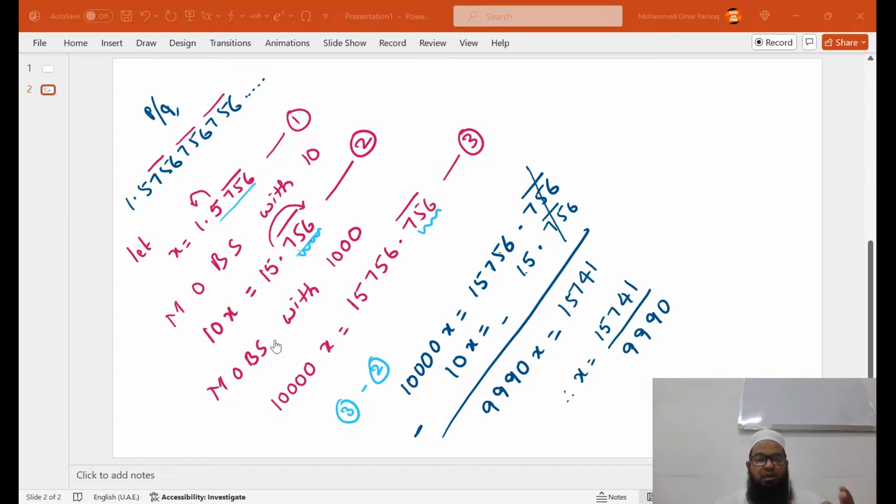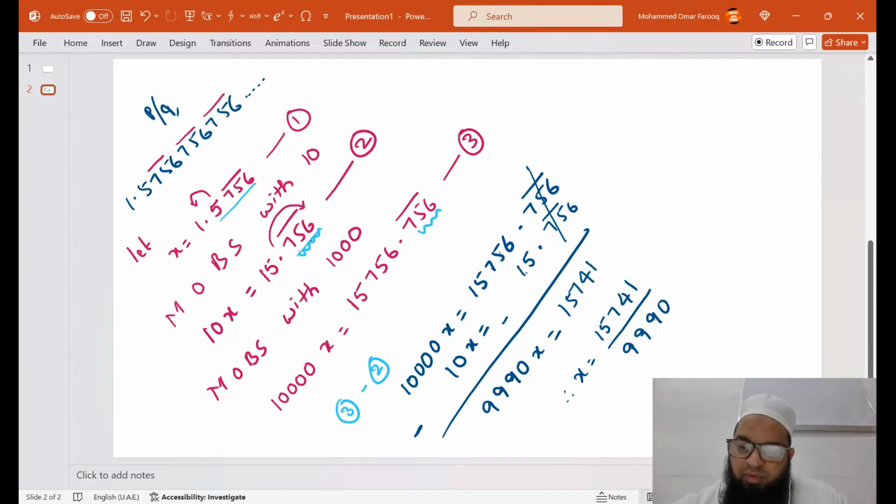First number is 15,741, and next number is 9,990. So let me calculate. It is 27. So we got 27 as the common factor.